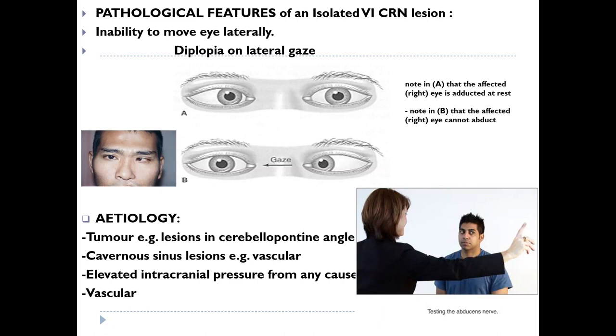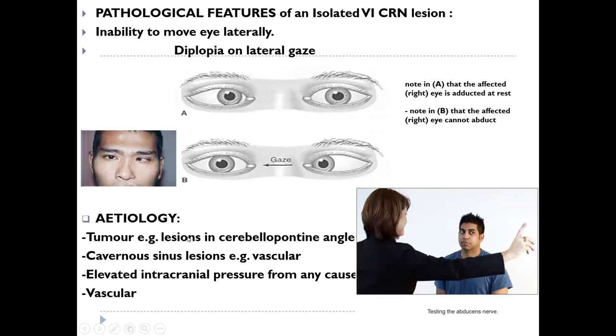So the lateral movement of the eyeball, and at the same time, you may also see the opposite eye, that is the other eye, moving medially. So that is what we mean by conjugate eye movement.